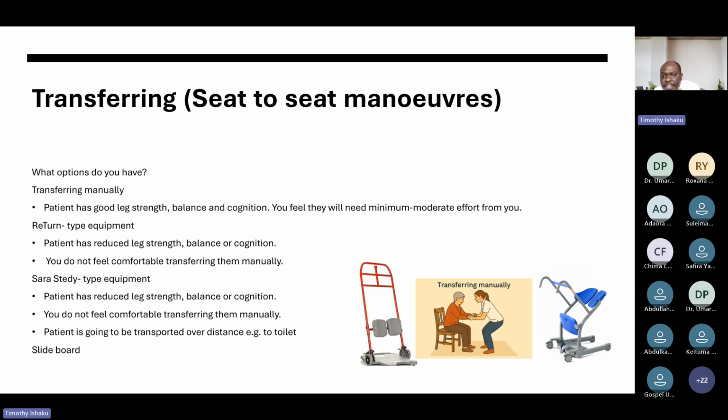Once your patient is sitting at the edge of the bed, all you need to ask them is to reach for the bar rails at the top, and they can pull themselves. So in this situation, you don't even have to use your hands to pull the patient. The patient pulls themselves up into a standing position.